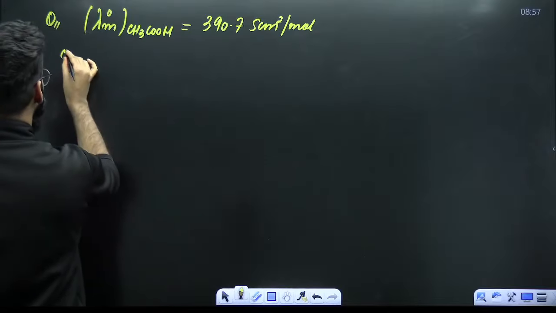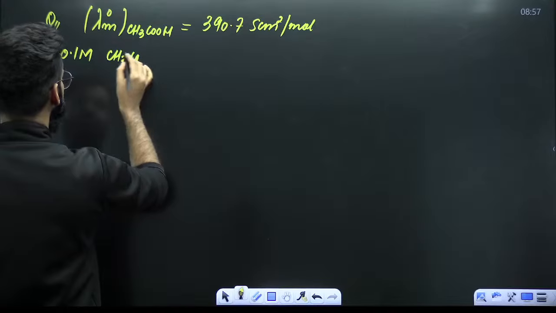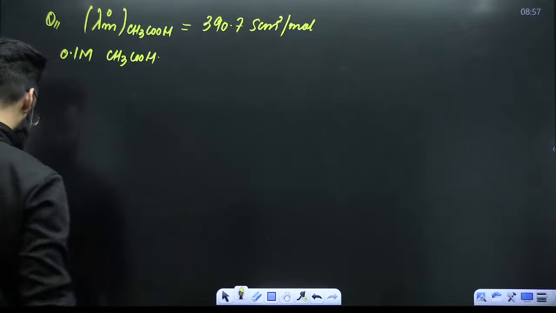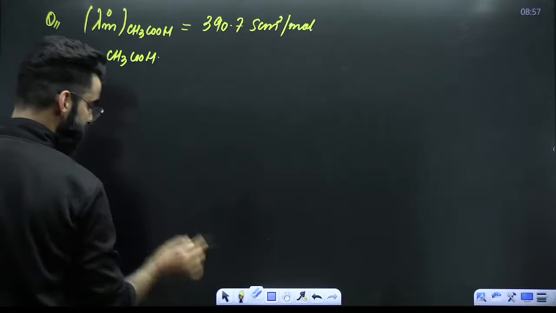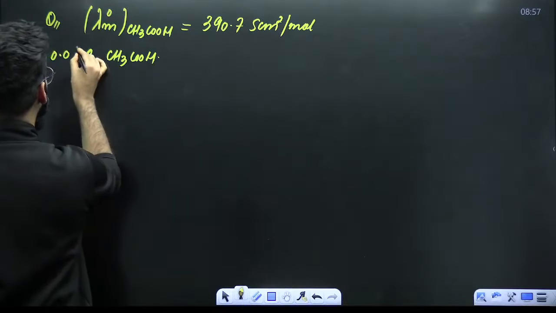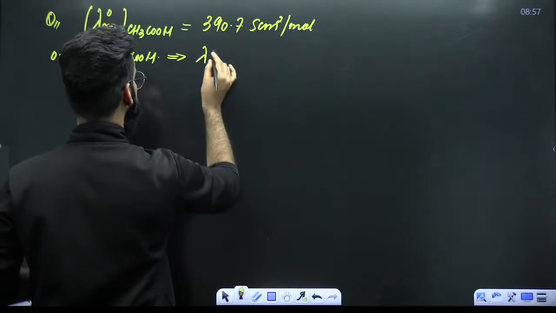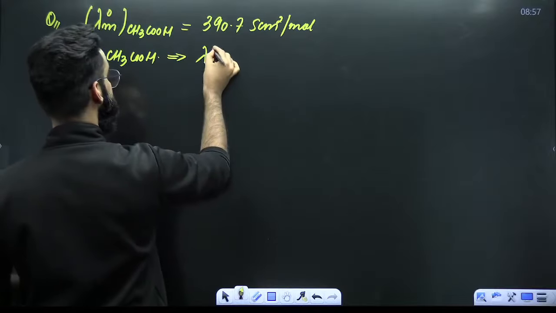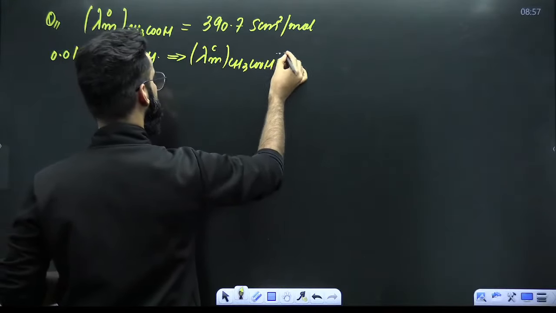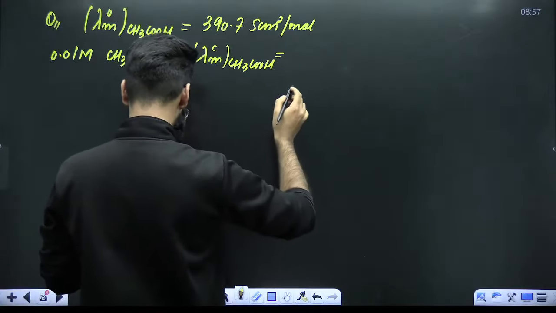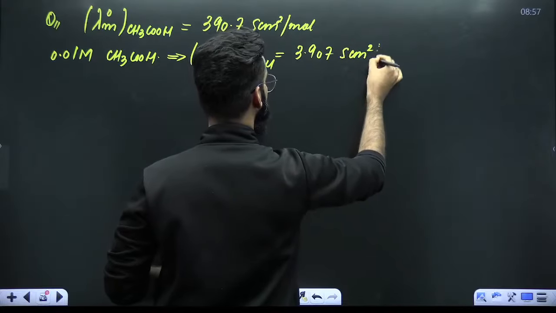At the same time, when the concentration of CH3COOH is kept 0.01 molar, at that point of time, its molar conductivity, so it is molar conductivity at a given concentration for CH3COOH, is given to me as 3.907 Siemens centimeter square per mole.